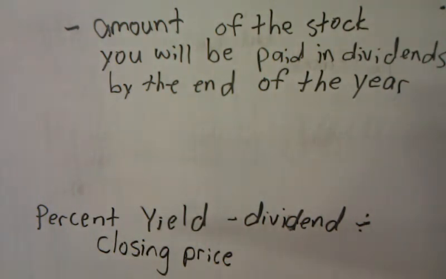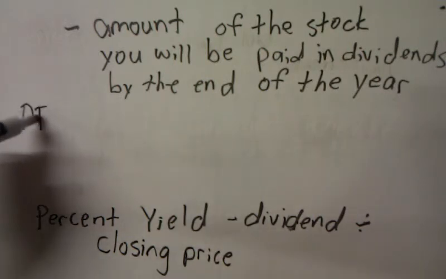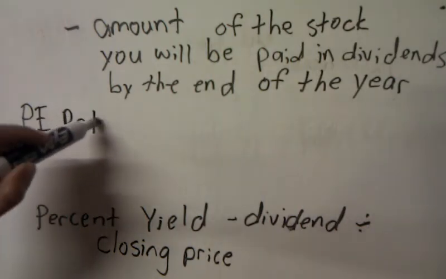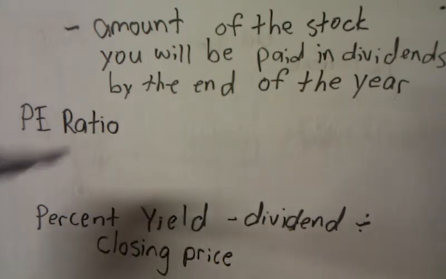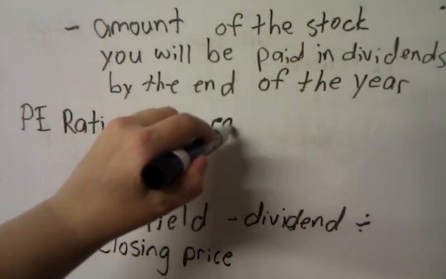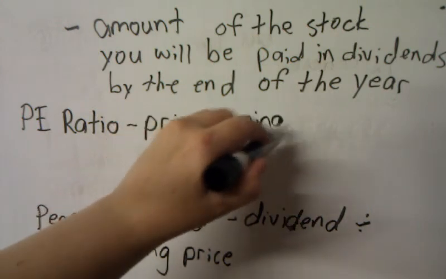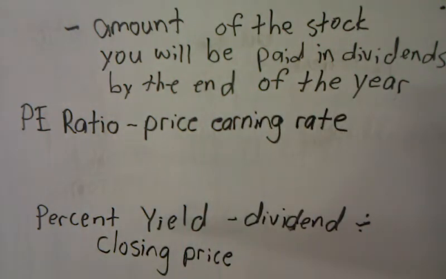Okay, then we have the PE ratio. This is called a price earning rate. This is figured out by calculating the relationship between the price of the company's stock and the earning a company makes in the entire year.